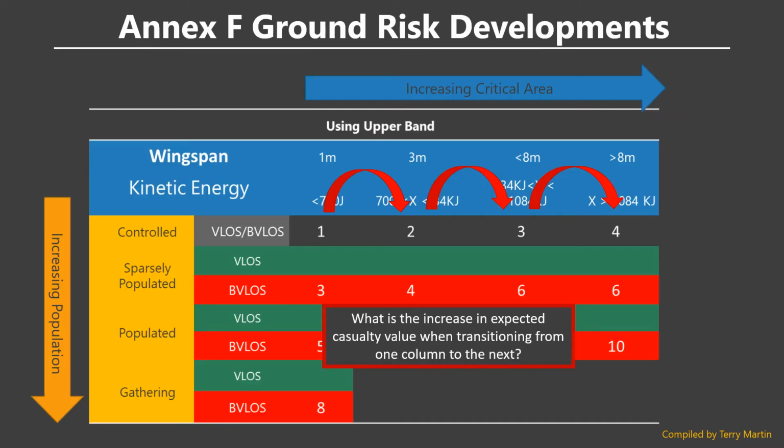So just a little bit more on that first question, which partially motivated the framework we've developed and we'll get to shortly. We wanted to ensure that, for example, as you translate laterally across any particular row, the increase in the GRC score and the metrics that you're using to assess that in wingspan and kinetic energy translate in a transparent and traceable way to the GRC scores that you get.